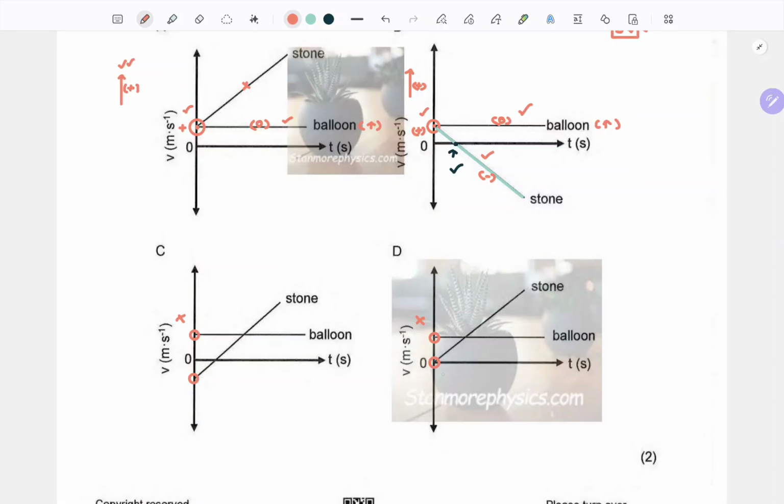But there could be a catch for students who think that a stone dropped, without mentioning what it is dropped from, is always going to have an initial velocity. Sometimes when we say dropped, we suggest a 0 velocity, if it is dropped from a stationary position. So this could be misleading for some students. But again, it's not that bad.